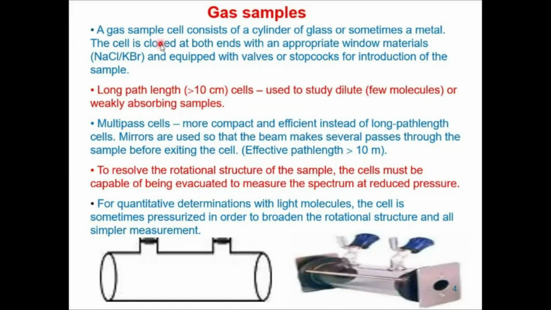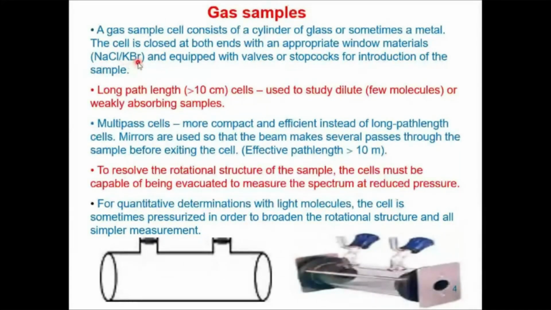A gas sample cell contains a cylindrical glass, or sometimes metal, tube, which you can observe over here. There is an opening at one end, and there will be an opening at this end also. The cell is closed at both ends with an appropriate window material, generally NaCl or KBr.